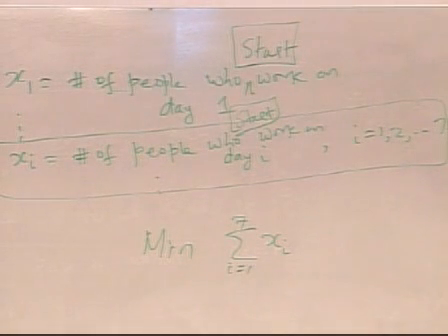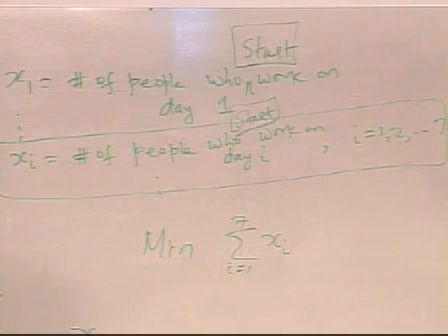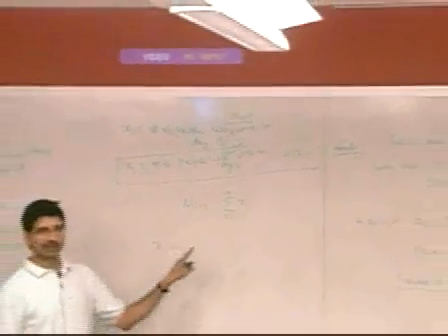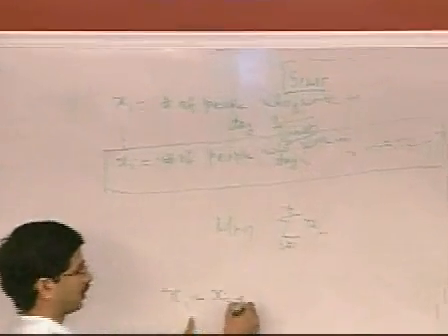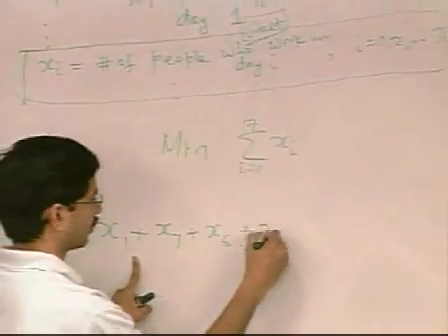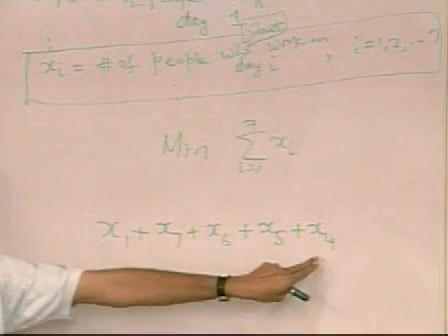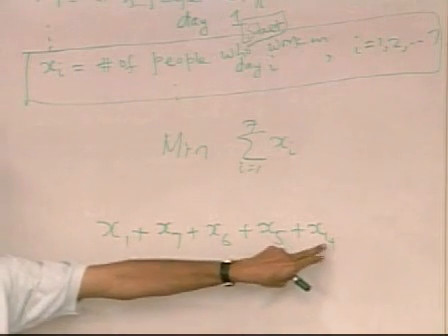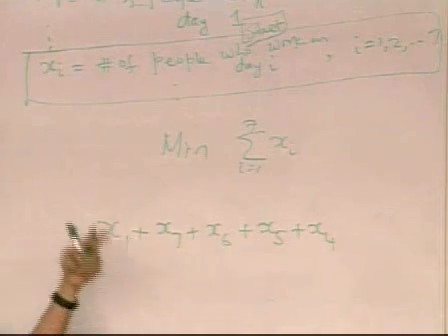So who will come to work on day 1? Well, all the people who start on day 1 will be there, plus the people who started on day 7, day 1 would be their second day. People who started on day 6, day 1 would be their third day. So anybody who starts his or her shift on days 4, 5, 6, 7, or 1 would come to work on day 1.